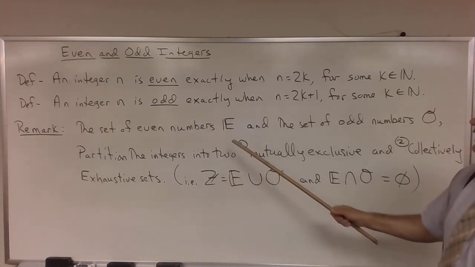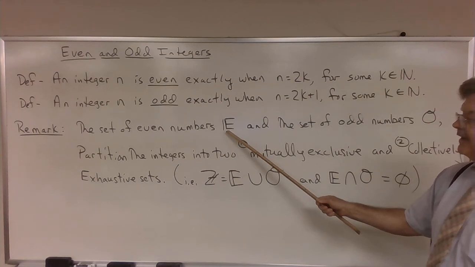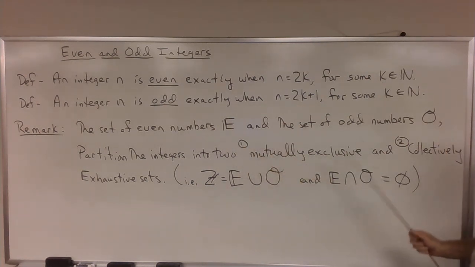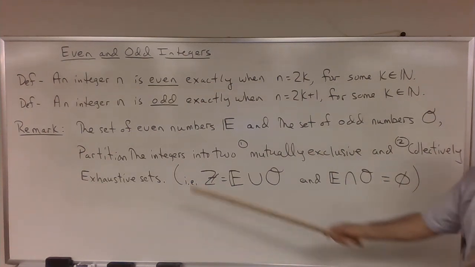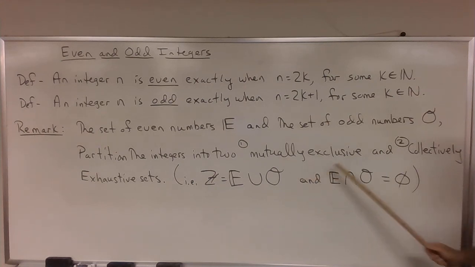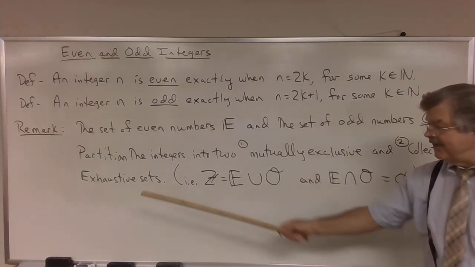And we'll denote the set of even numbers as a boldface E, and the set of odd numbers as a boldface O. That's as good as I could do. But these two sets, the even numbers and the odd numbers, partition the integers into two mutually exclusive and collectively exhaustive sets.